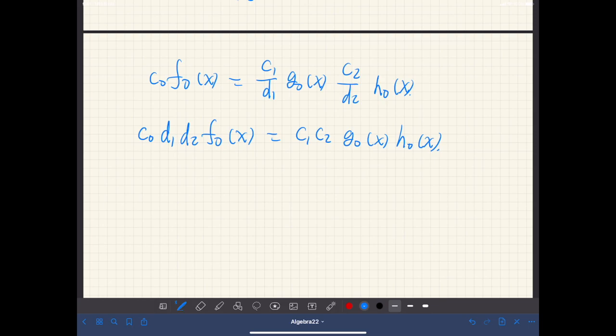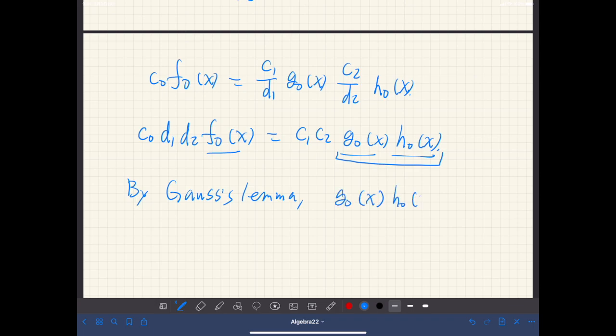Now remember, f0, g0, h0, they are primitives. And by Gauss's lemma, this product, g0 of x times h0 of x, is primitive.